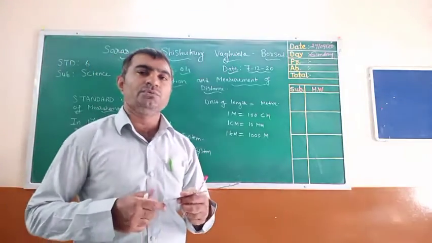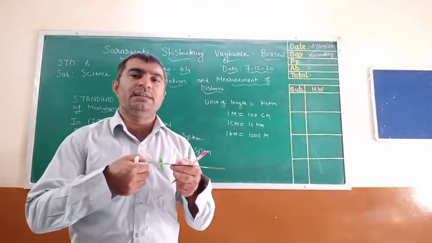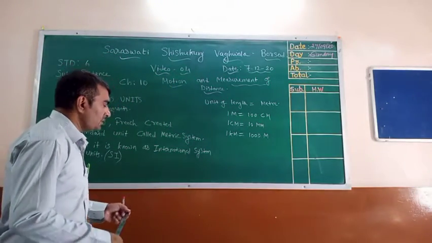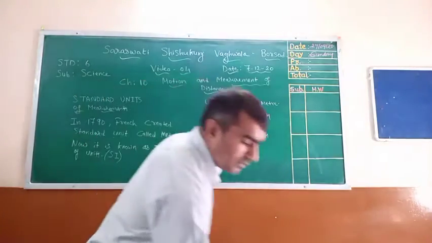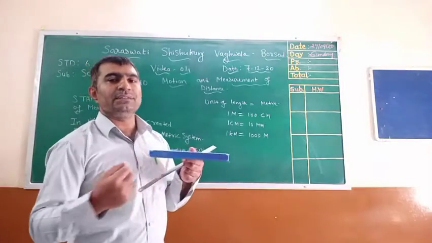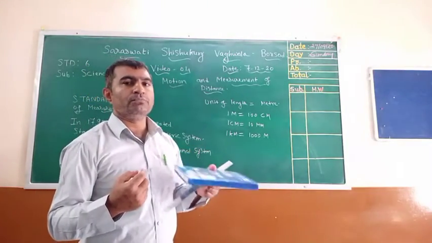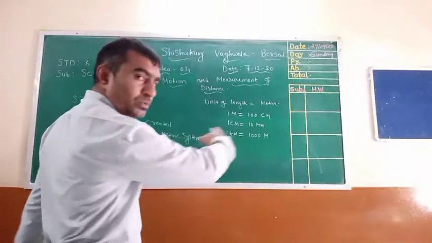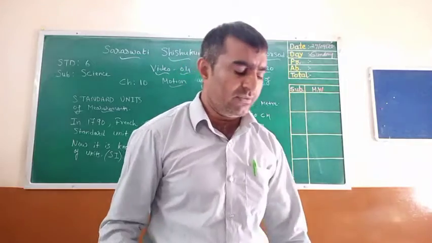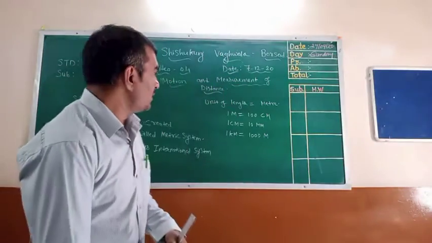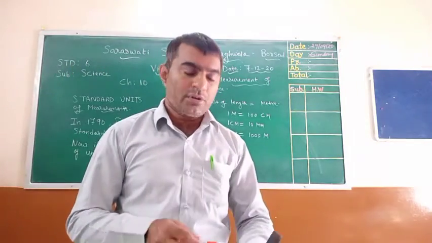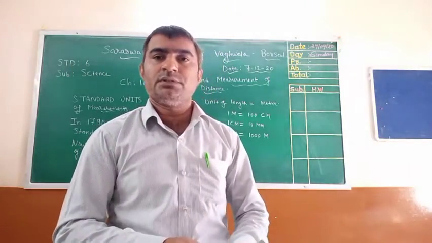Or if you want to measure the thickness of the scale, we use millimeter. Now, if you want to measure the length of this dial, we use centimeter. If you want to measure the length of this room, we will use meter. So these are the various units to measure the length or distance of any object. Right?